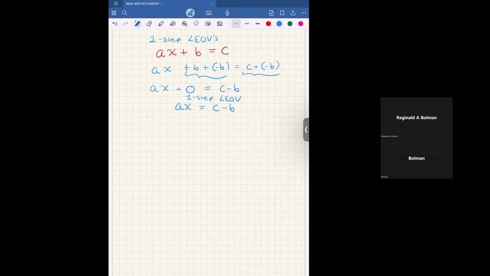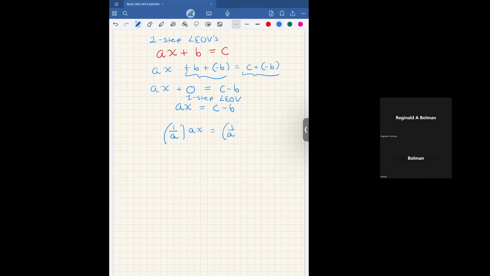Once we have a 1-step LEOV, in this case, we know that this is a multiplicative 1-step LEOV. We may solve the 1-step LEOV either using an additive or a multiplicative inverse. In this case, because we have a multiplicative 1-step LEOV, we will multiply using the multiplicative inverse on both sides of our equation.